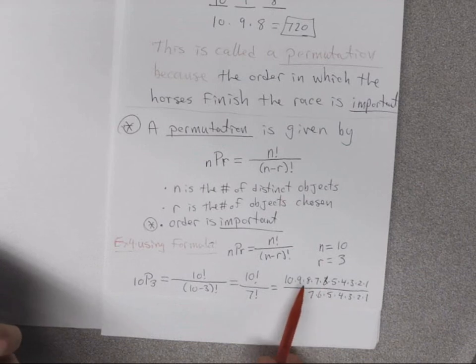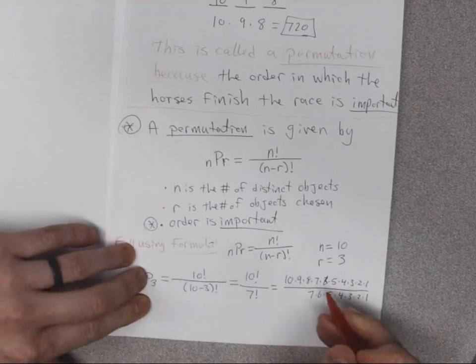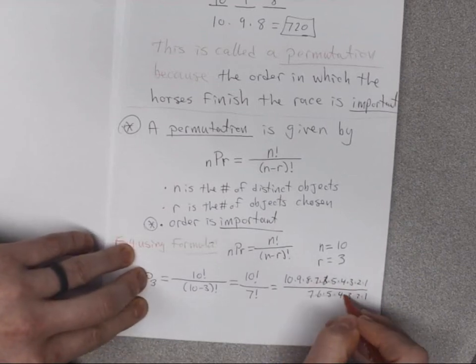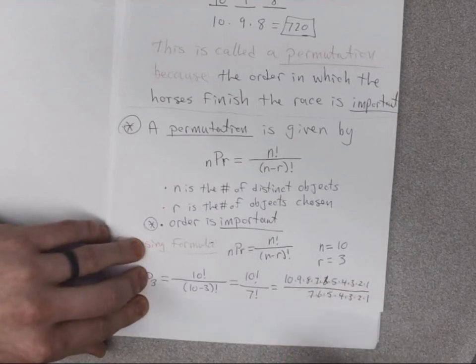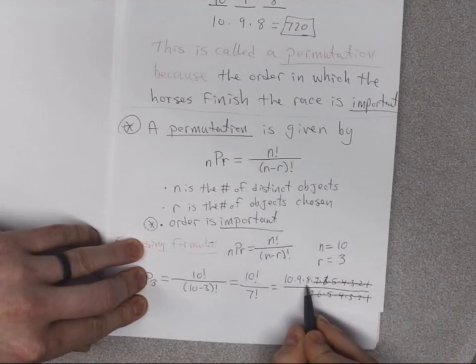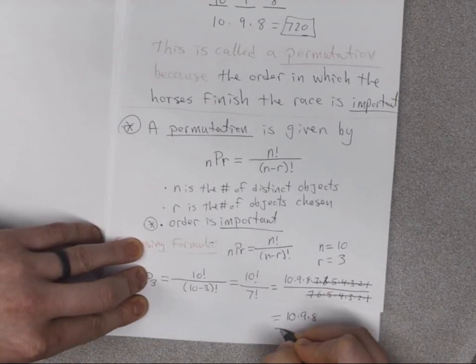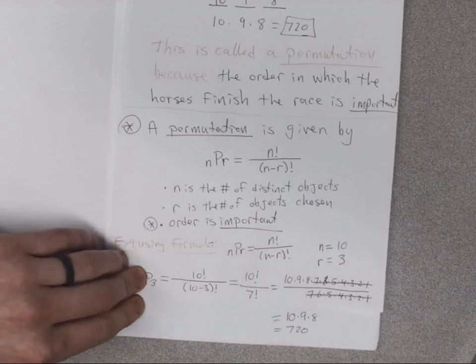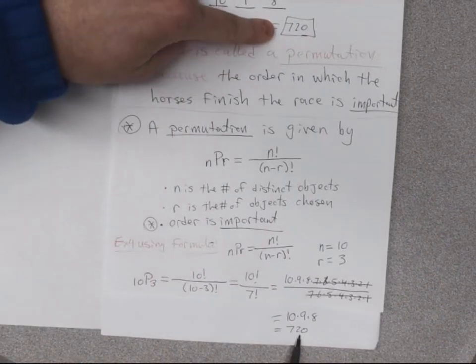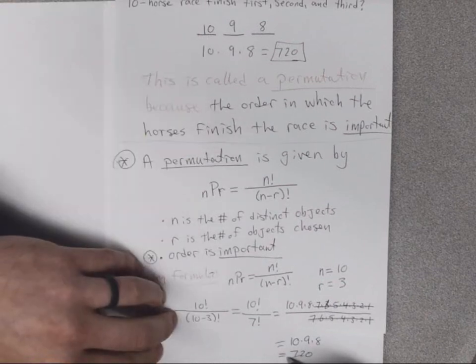Since we're multiplying everything on top and bottom, and we have 7 times 6 all the way to 1 on both, these parts cancel each other out. All I'm left with is 10 times 9 times 8, which is equal to 720, exactly what we found up here when we worked it by hand.